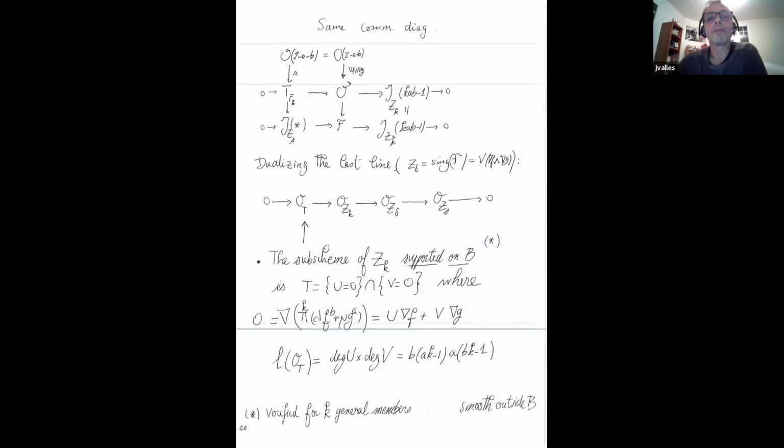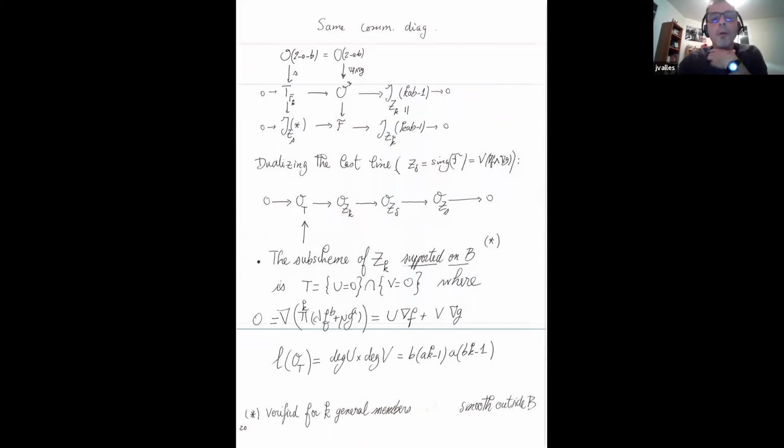So we have the same commutative diagram with some interpretation of the different loci. So dualizing the last exact sequence, we obtain this long exact sequence.